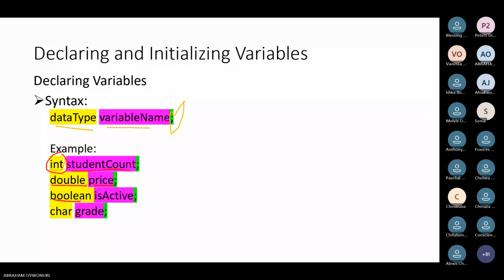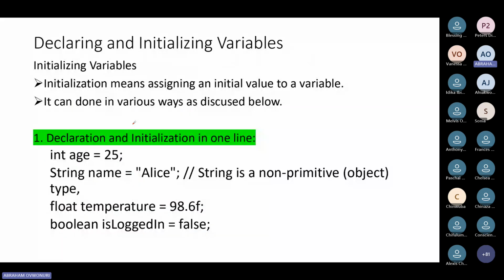Now, we can also talk about initializing variables. Initializing means assigning an initial value to a variable. It can be done in various ways. In fact, I discussed two ways, which are the primary ways you can initialize a variable. First, you initialize the variable in one line.